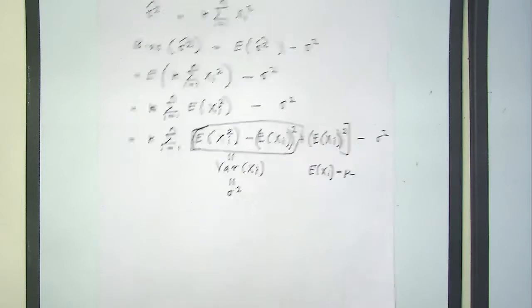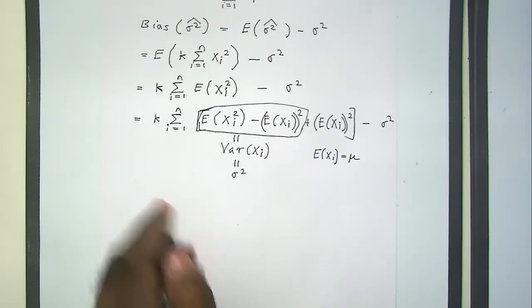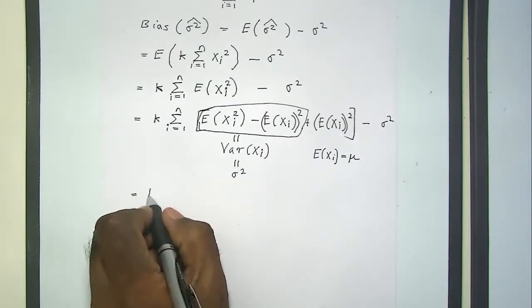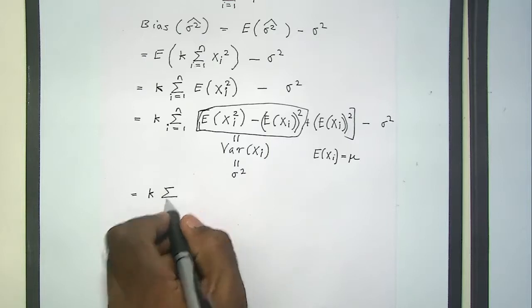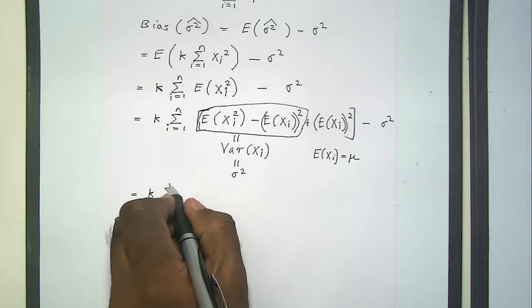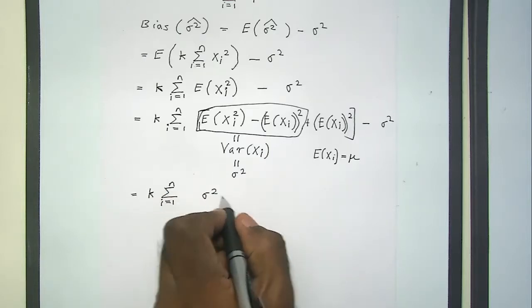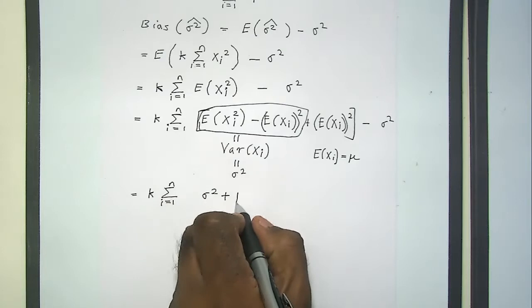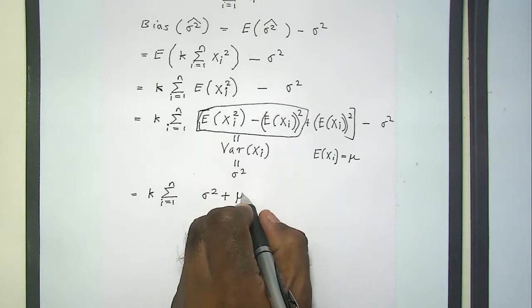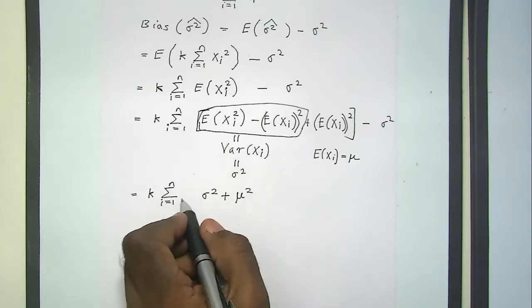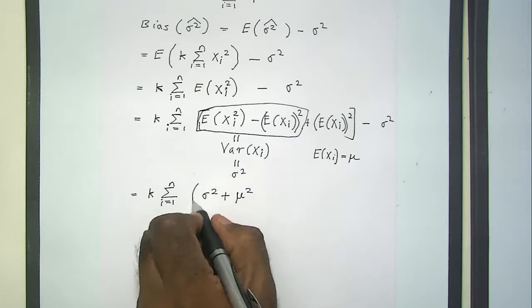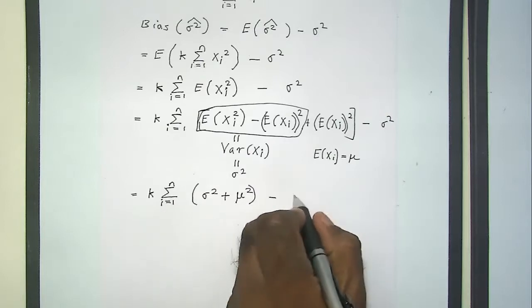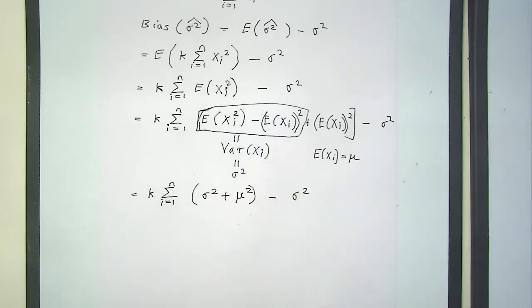All right, so this becomes k times the sum of sigma squared plus mu squared in brackets, minus sigma squared.